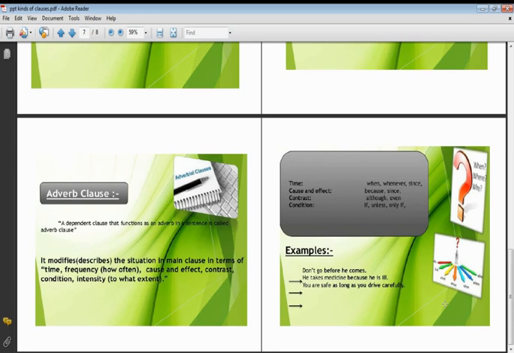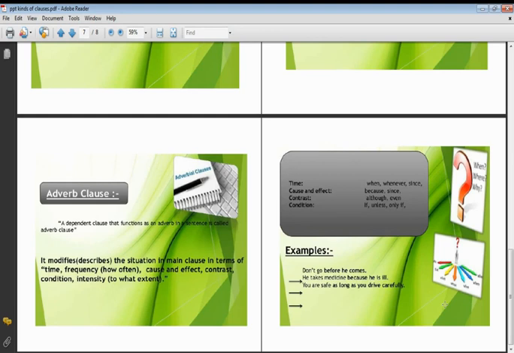And the key words which will be there are the subordinating conjunctions: when, whenever, since, because, although, even if, unless, only if. These are all subordinating conjunctions. Whenever you see that a clause is beginning with these conjunctions, it would be an adverb clause. Like you can see in the examples, "Don't go before he comes."